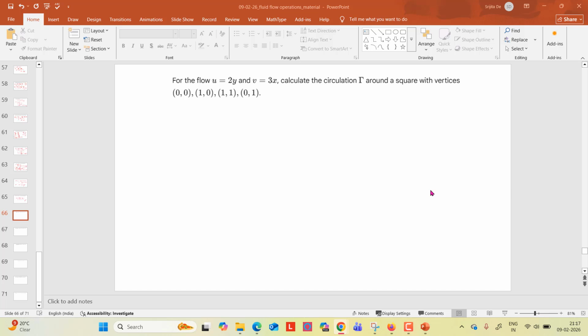So we know the omega is del v del x, that is 3, minus del u del y, that is 2, that is 1. So this circulation is 1 into, I am not writing the equation again because I have done it multiple times earlier.